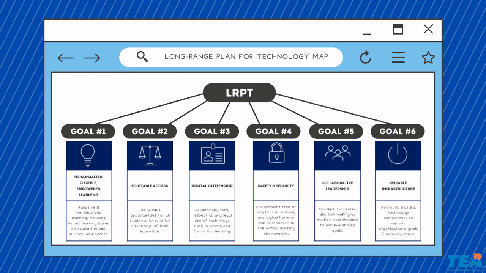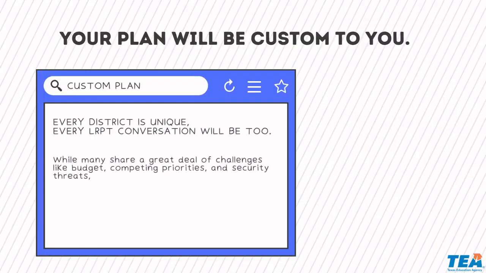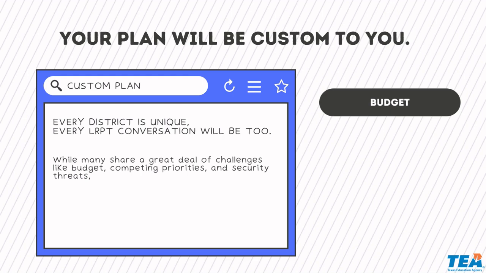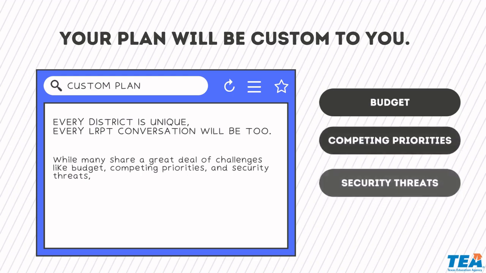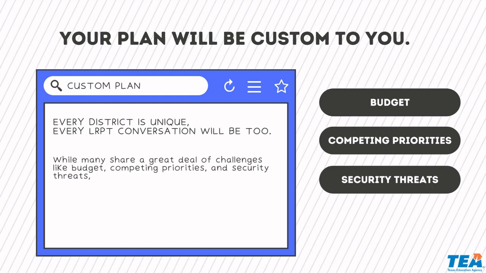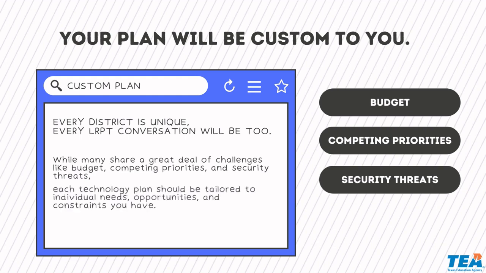As you think about how these goals relate to your district, remember that every school district is unique, so every conversation will be unique. While many share a great deal of challenges, like budget, competing priorities, and security threats, each technology plan should be tailored to individual needs, opportunities, and constraints you have.